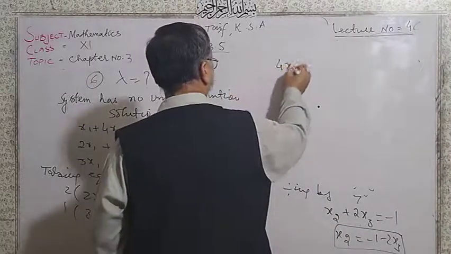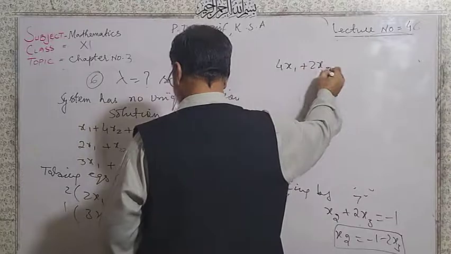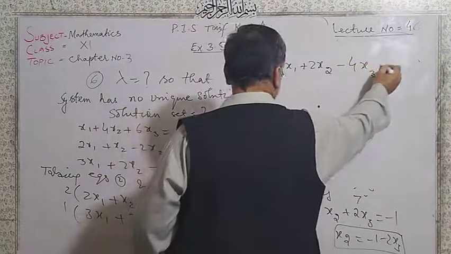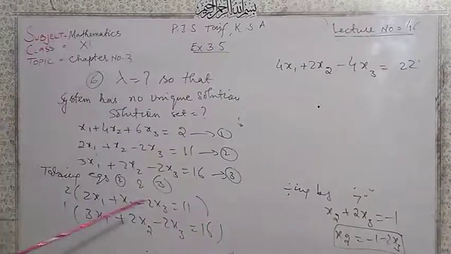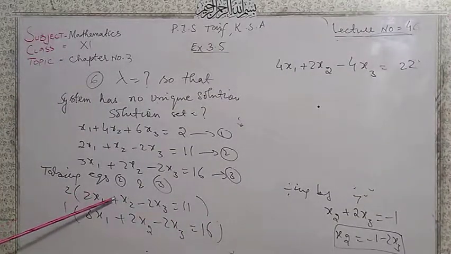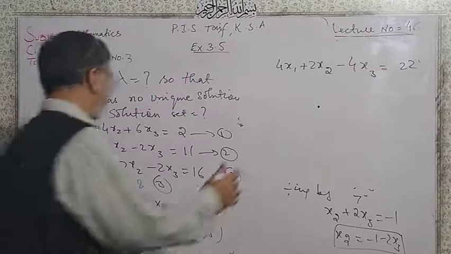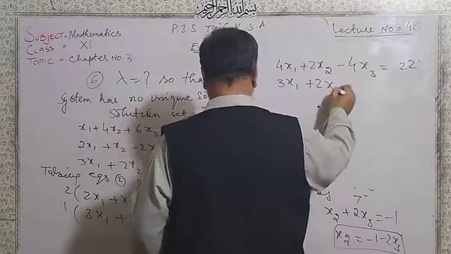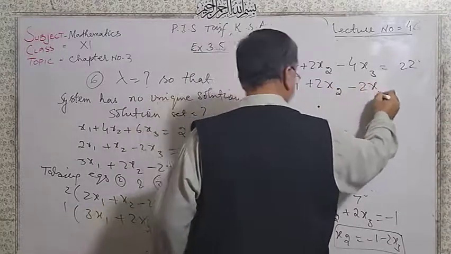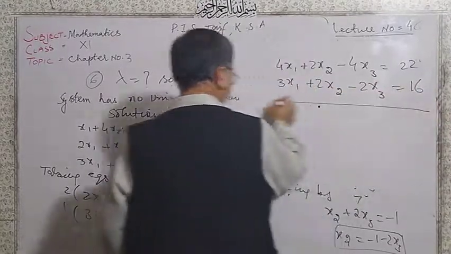4x1 plus 2x2 minus 4x3 is equal to 22, and here is 3x1 plus 2x2 minus 2x3 is equal to 16.